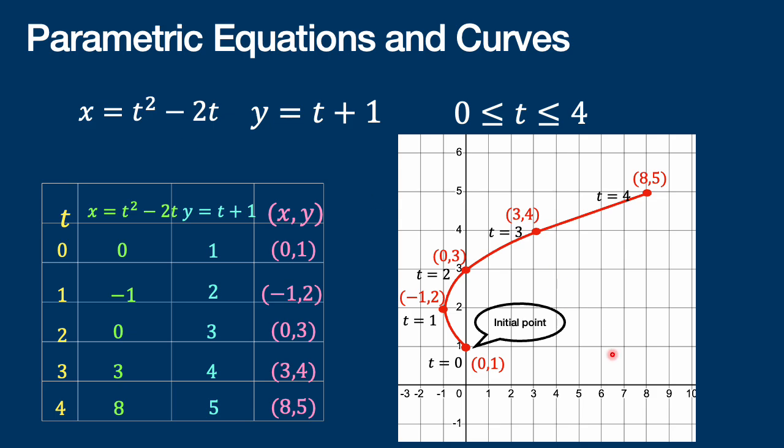So this graph shows t equals 0, which we call the initial point. t equals 4 is the terminal point, and the points give the direction of movement. t equals 0 is the initial point, t equals 4 is the ending point. So we see how an object moves by the parametric equation.